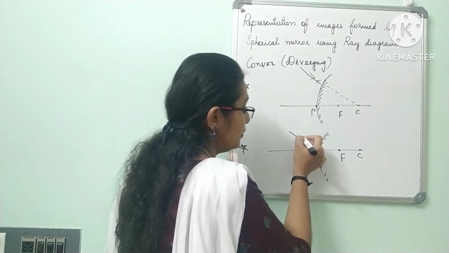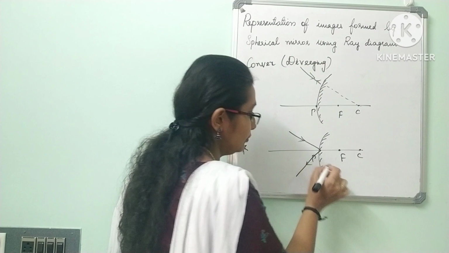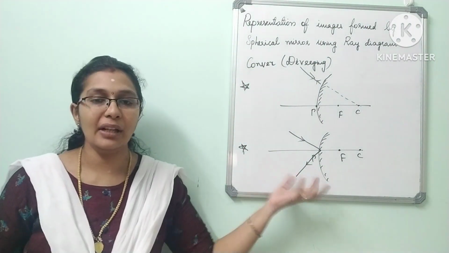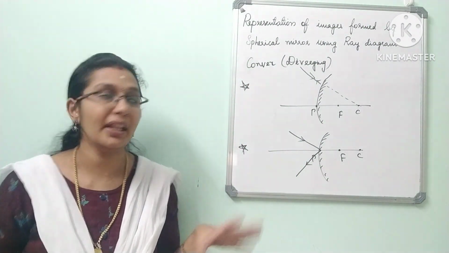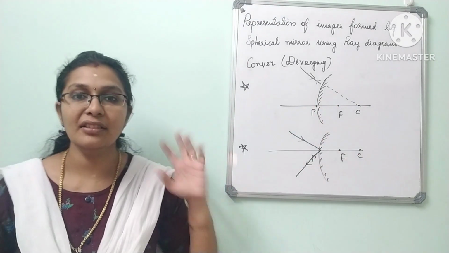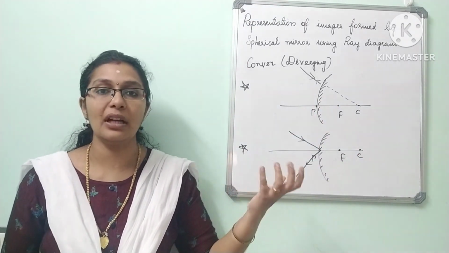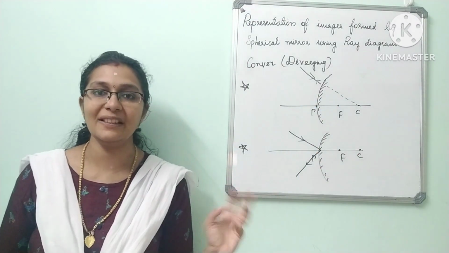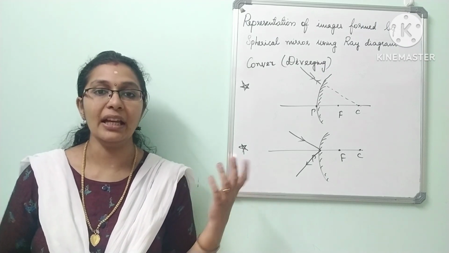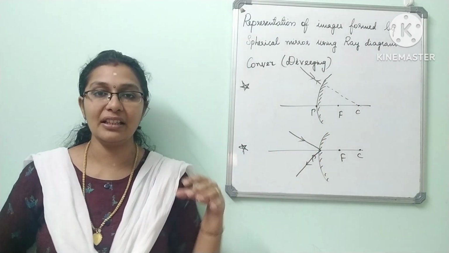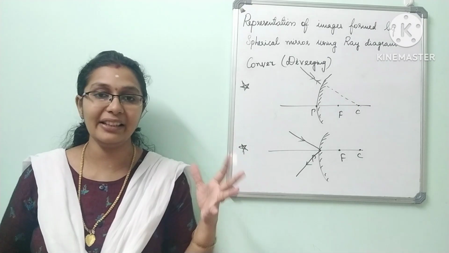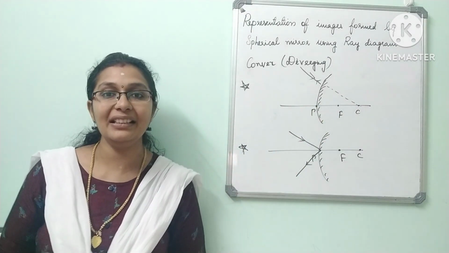Okay, so like this. So for the fourth rule you will have the same diagram for both. And for the other rules it is the same thing only, but it appears to come, so you will use the dotted line since it is diverging. This is a diverging mirror and that is a converging mirror, so the real thing that happens there, here we will find it imaginary.